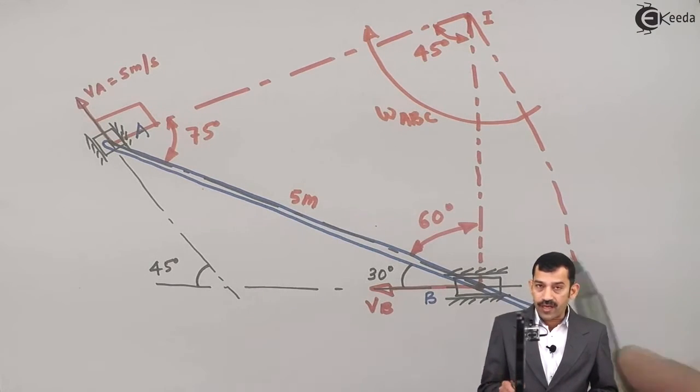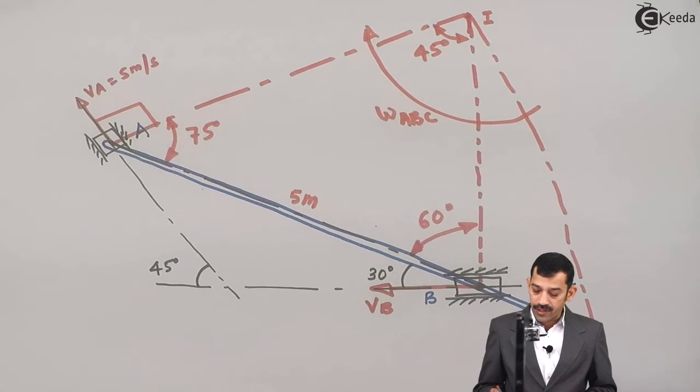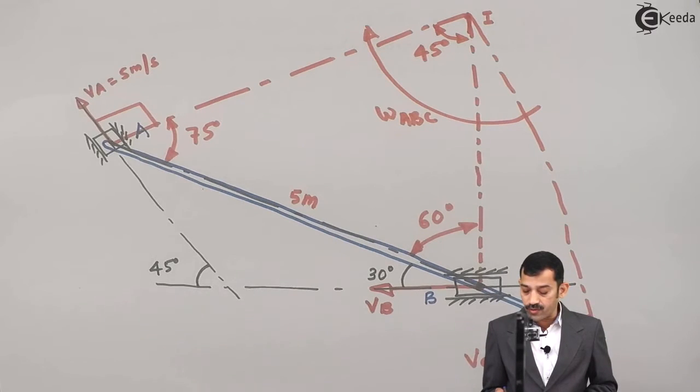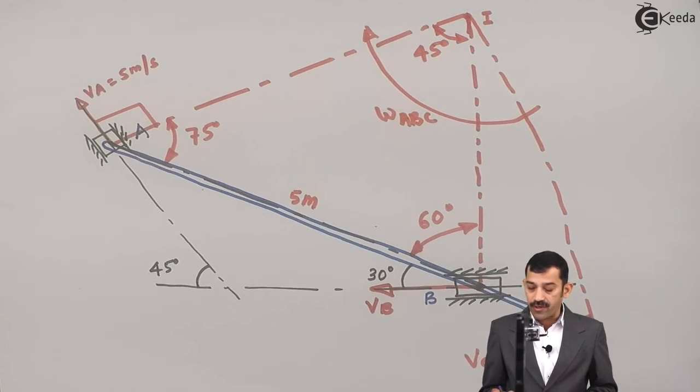Therefore, as omega is clockwise, the velocity of point C, if I represent it here, is perpendicular to IC, and we get it in the downward direction. This one is VC. Now if we look at the inclination of VC, if I represent the inclination of this VC with the horizontal, say this angle is alpha.